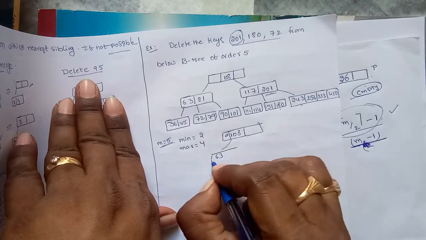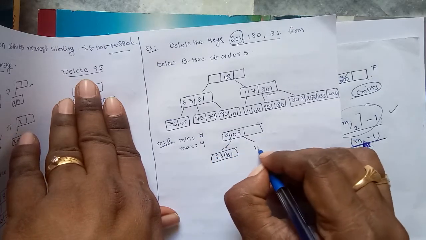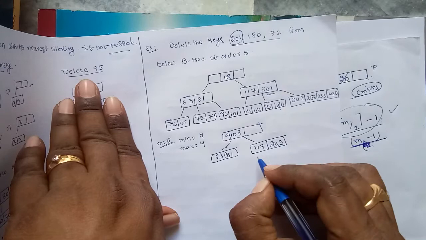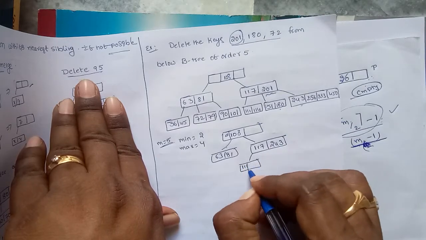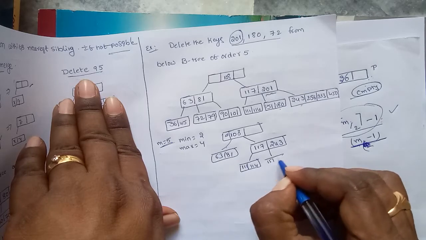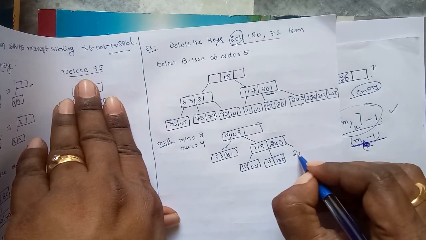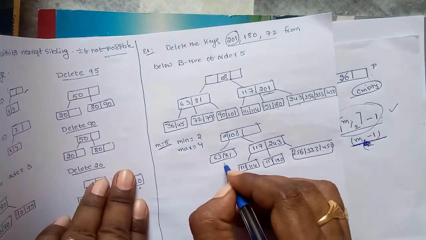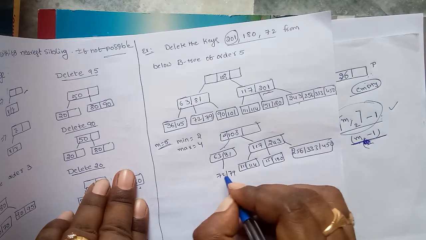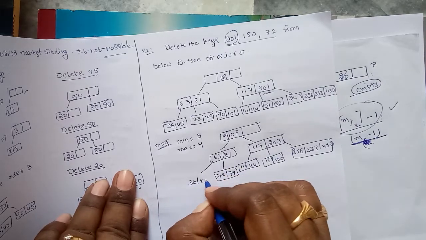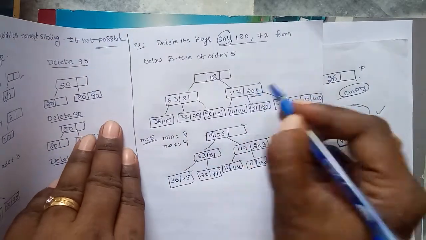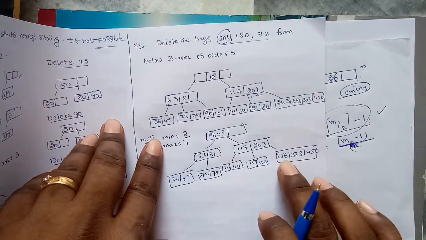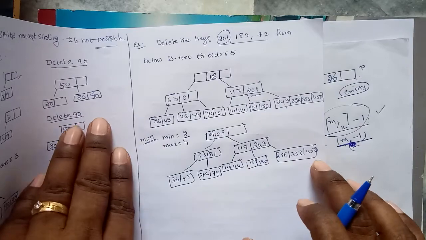It has single element 63, 81, 117, 243, 151, 180, 256, 333, 450. Simply perform deletion operation. 72, 79, 36, 45. Okay, I am replacing the non-leaf node with the leaf node, and at the leaf node the minimum elements required are 2. It contains 4 elements. I am removing one element, it contains 3 elements, so no problem.